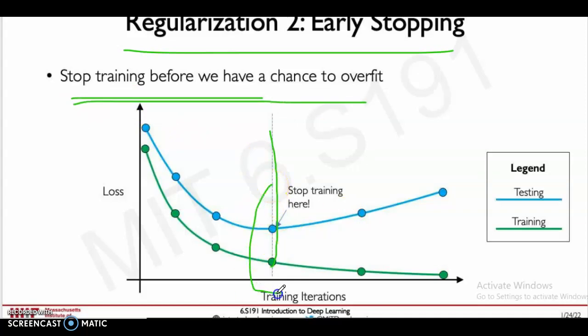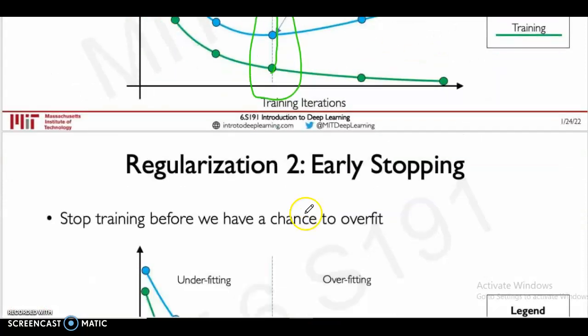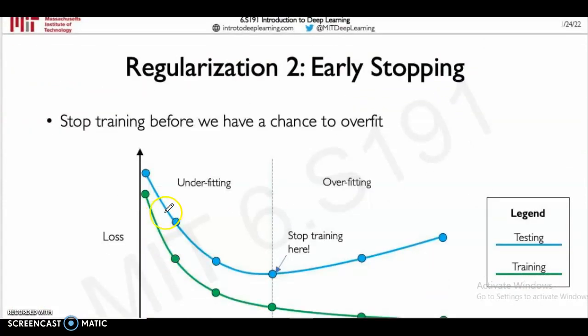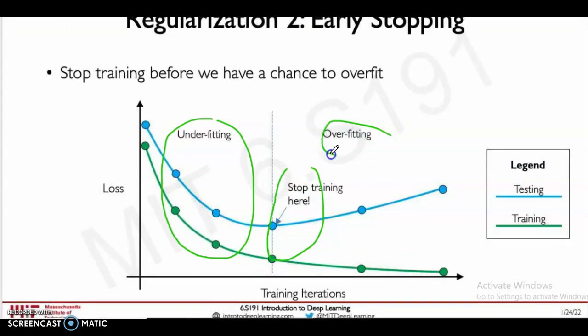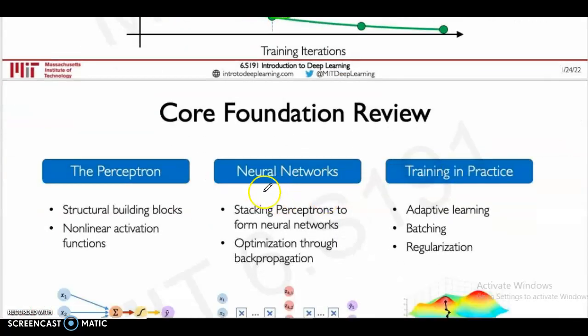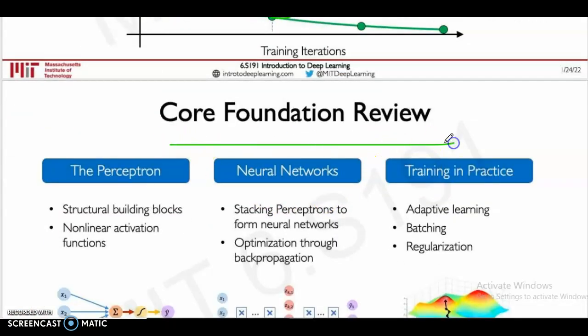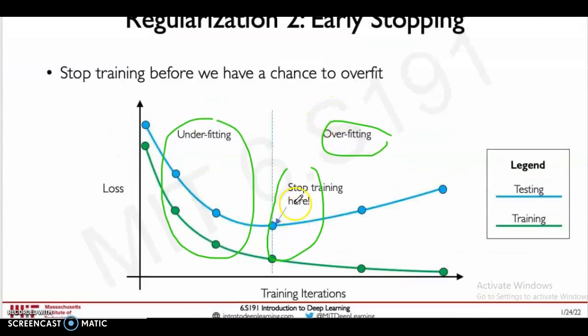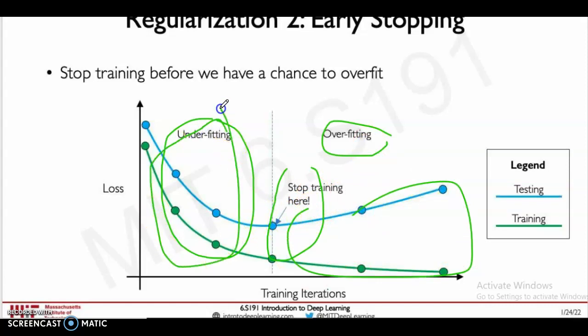On this side there is underfitting; if we continue training beyond this point, overfitting happens. Before stopping training, underfitting happens. That's why we reduce the loss.